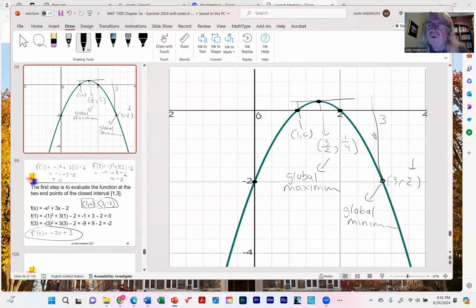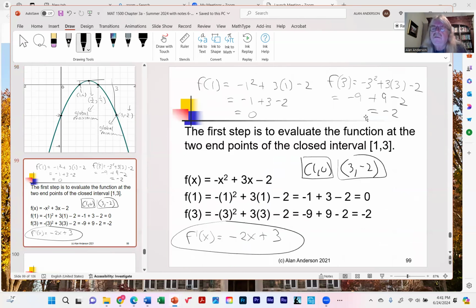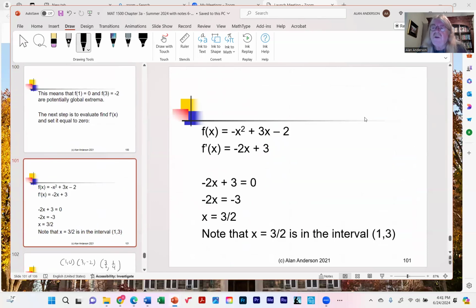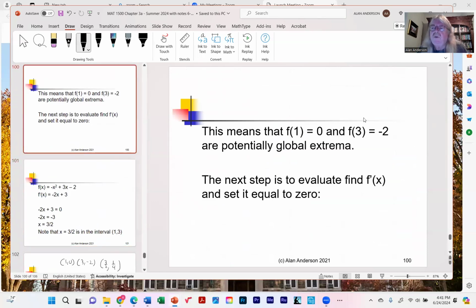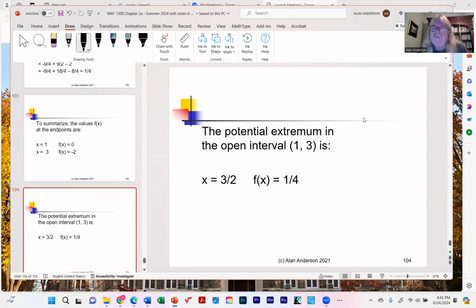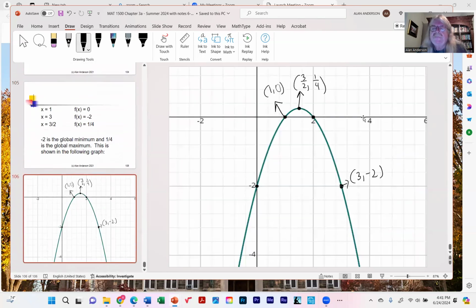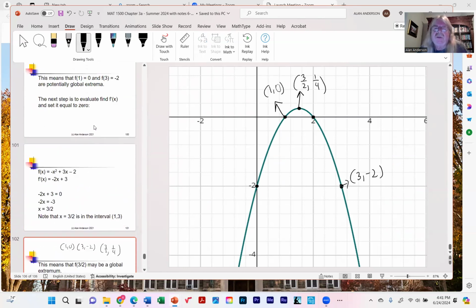So we only had to check 3 points. The one critical value and the two endpoints. We know that the others can't be global maxima or minima. Okay, so that is our extreme value theorem.